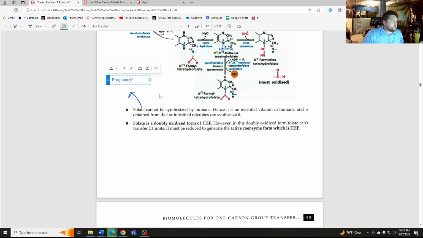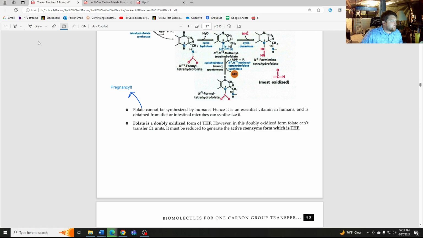It's very essential for our nervous system development. If you don't have folate in the diet, that's when children are born with deficiencies and issues like spina bifida, where their spinal column doesn't properly form.